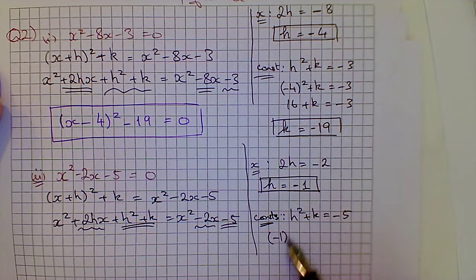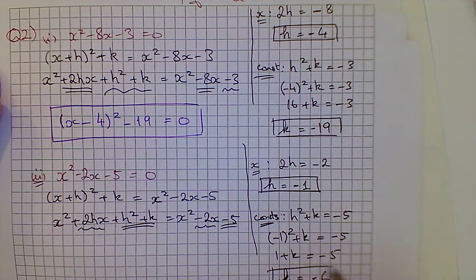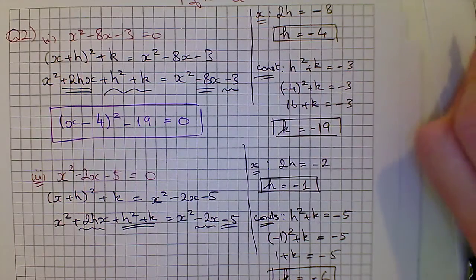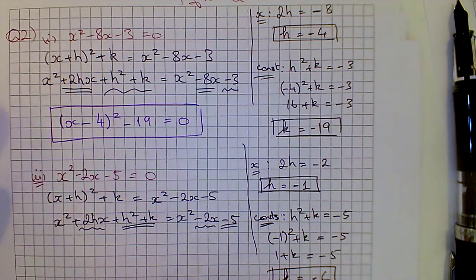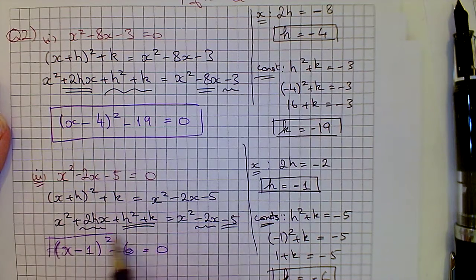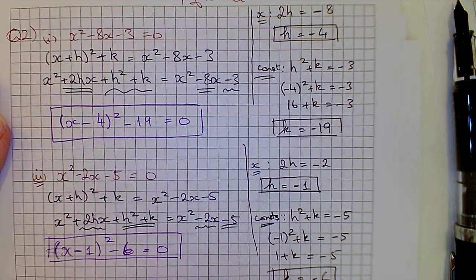So that is going to be minus 1 squared plus k equal to minus 5. 1 plus k is minus 5, and k is minus 6. So you can jump straight to doing this without multiplying out your brackets if you want to. So then writing it, we've got (x plus h), but h is minus 1, all squared, plus k, but k is minus 6, equal to 0. And there's my answer.